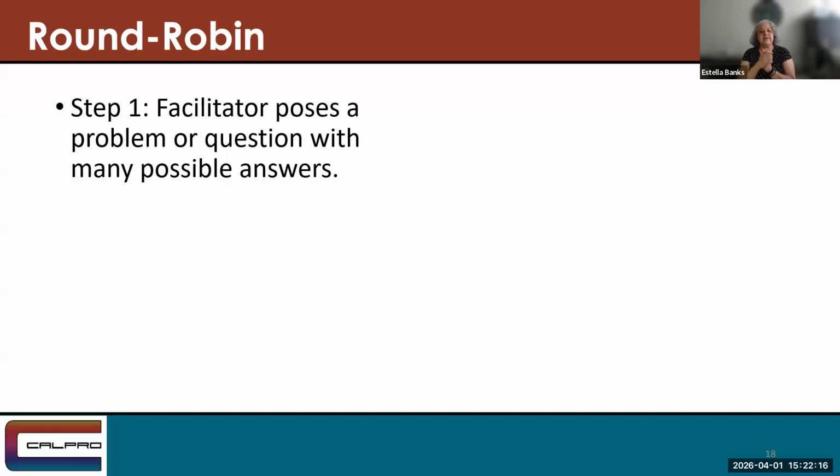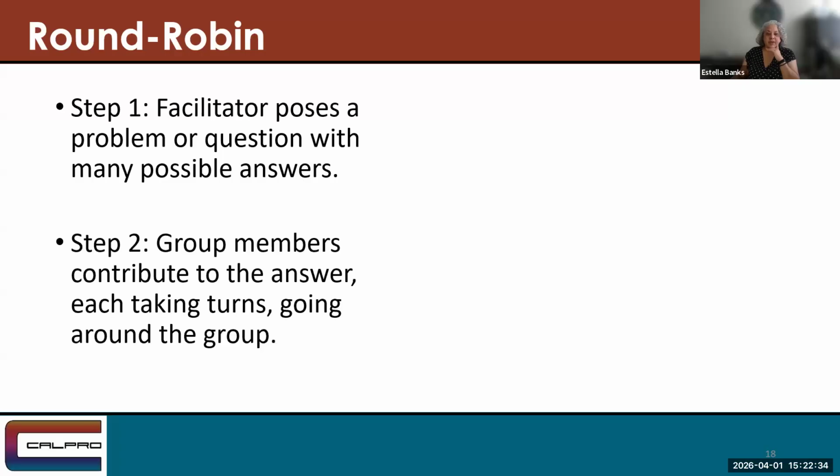This is an activity we're going to do online as a breakout. I think we have enough people. Yes, we do. As a round robin, step one is that the facilitator poses a problem or a question with many possible answers. Step two is that group members contribute to the answer, each taking turns going around the group.